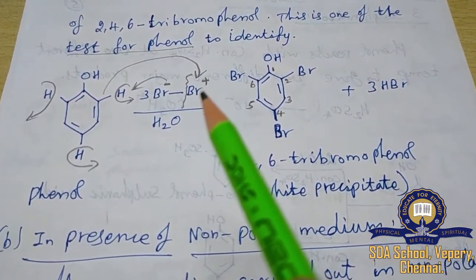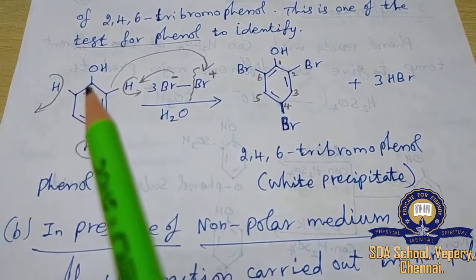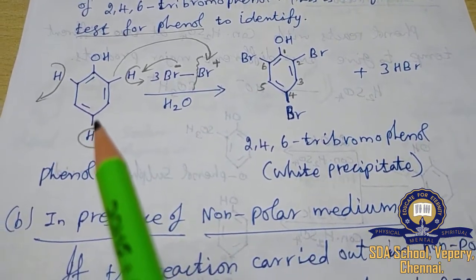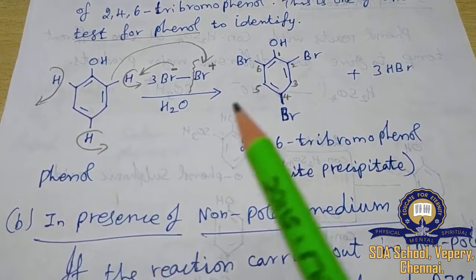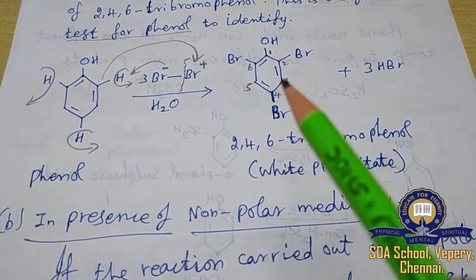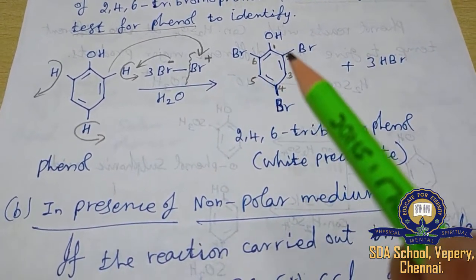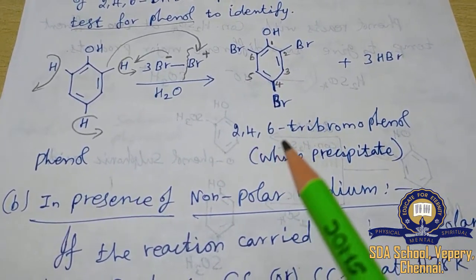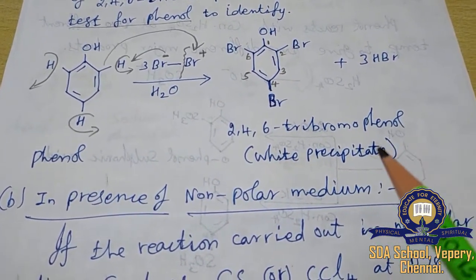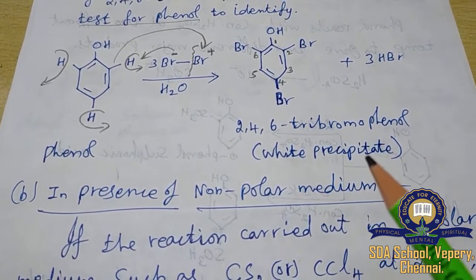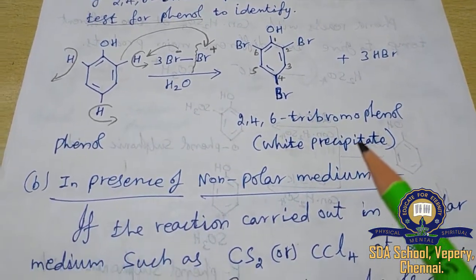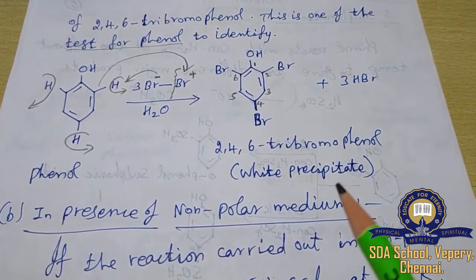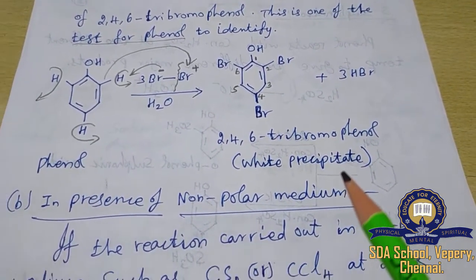In such a way the bromination takes place at three positions of the phenol, that is two ortho positions and one para position, or otherwise we can say at the 2, 4 and 6th positions, called 2,4,6 tribromophenol. This is a white precipitate. So the appearance of a white precipitate is the indication that the given sample is phenol.